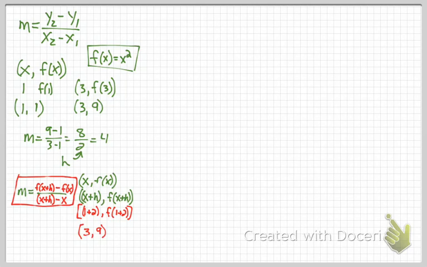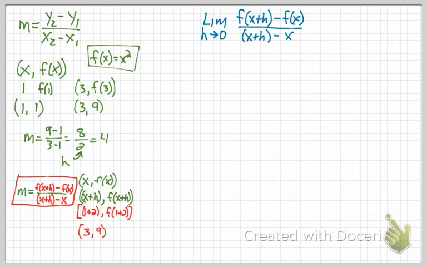So we want to find the limit as h approaches 0 of f of x plus h minus f of x over x plus h minus x. And what this is going to give us is the slope of the tangent line.